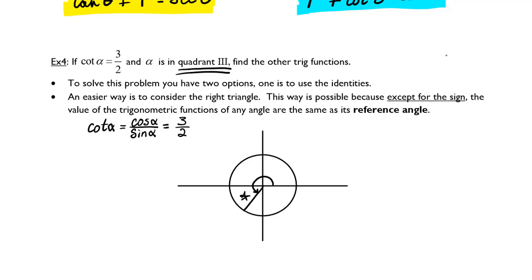In this particular instance, we cannot assume that the radius is 1. But we can figure out what our other values will be based on the fact that cosine alpha equals 3 and sine alpha equals 2. If we were to sketch this, we'll have some sort of triangle in the third quadrant.